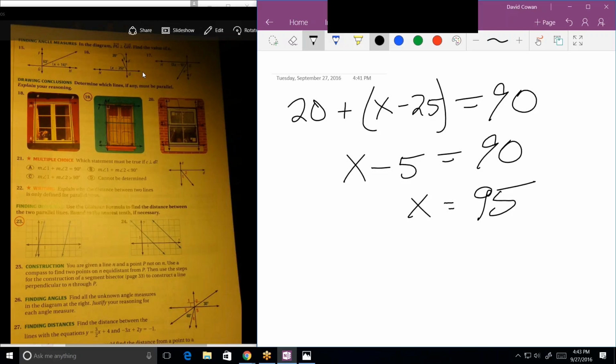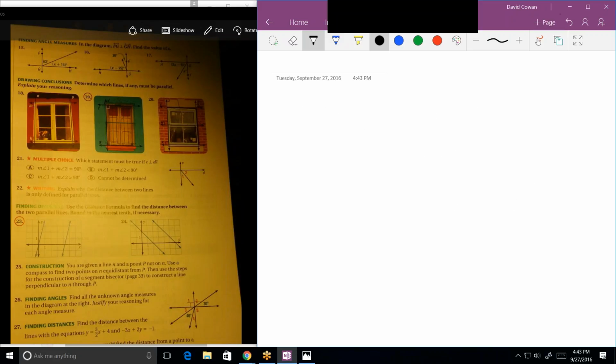Number 17, let's see. X equals 95, correct. I'm fixing that. Number 17, now what equation can you write? 2x minus 9 plus x equals 90 degrees.